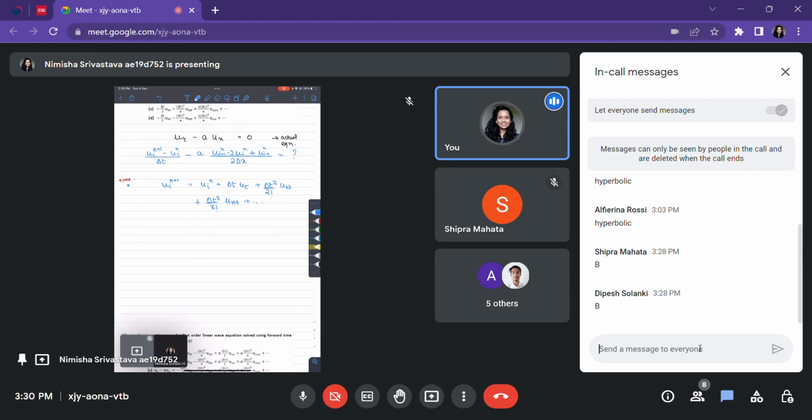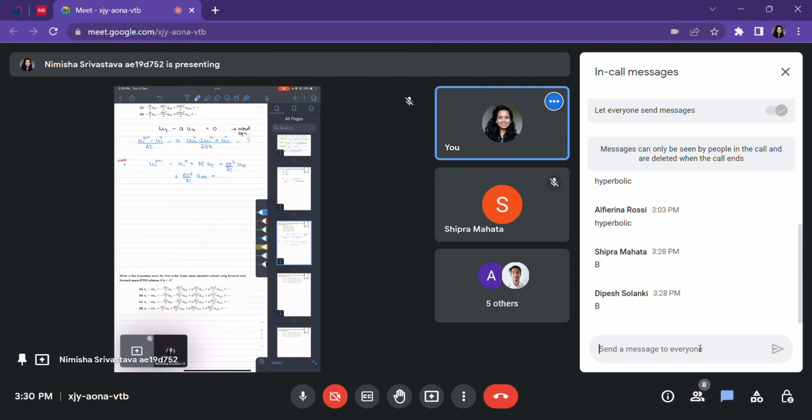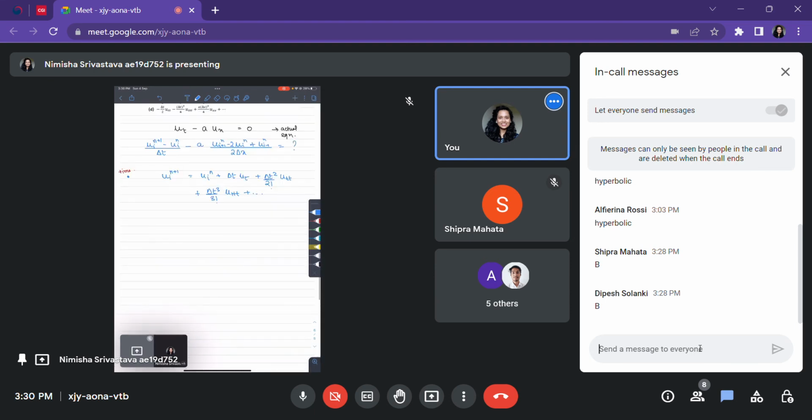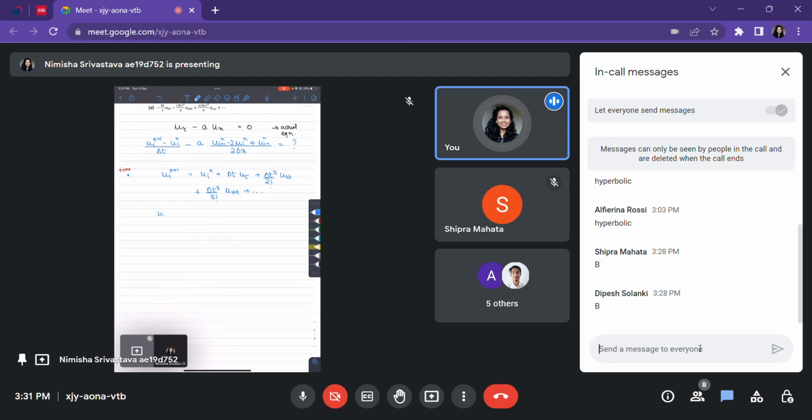Okay, agreed? Everyone agrees with me on this? Then from here, what truncation error am I getting? Let me just try to recreate whatever I have over here. So here what is left with me? Ut, this is what I need. This is what I'm trying to replace by this.